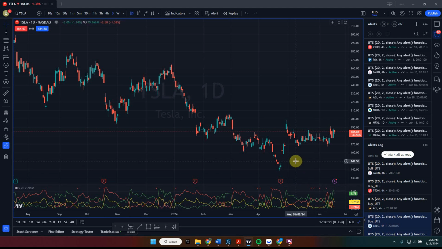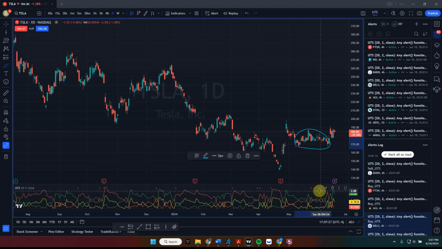For instance, we could see how this area, we could see a place like this. It has been consolidating, and it actually showed in the process for you to see that despite there were these crosses going up and down between the red and the green line, the yellow line was still below.